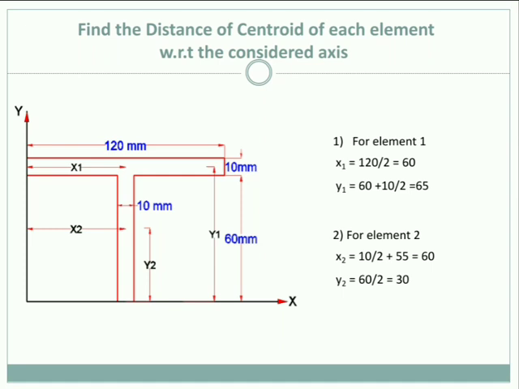The depth of the second element is 60. So 60 by 2 gives us 30. So we get x1, y1, x2, y2. We have already got a1 and a2 in the previous calculation. So with all these values, we can locate the centroid very easily.